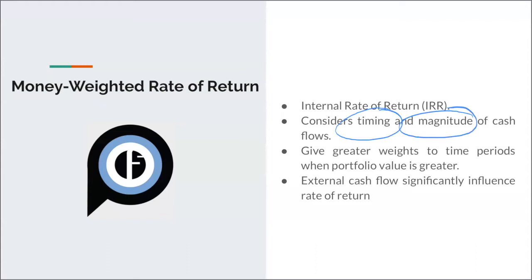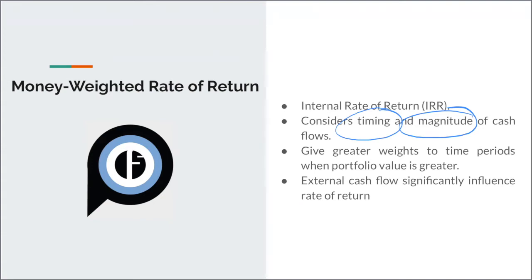In the money weighted rate of return, every period does not get the same weight. For example, if you invest in 2019 and 2020, both years do not get the same weight unless your portfolio value is the same in both years. If your 2019 portfolio is higher than your 2020 portfolio, then 2019 gets a higher weight.